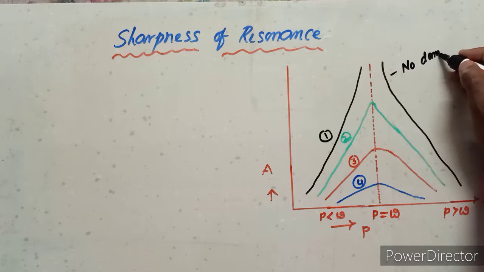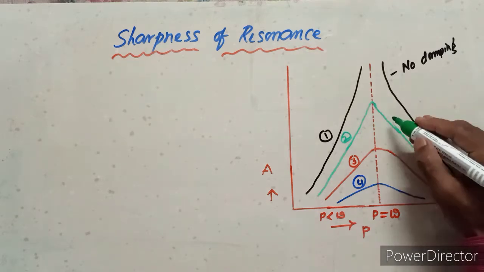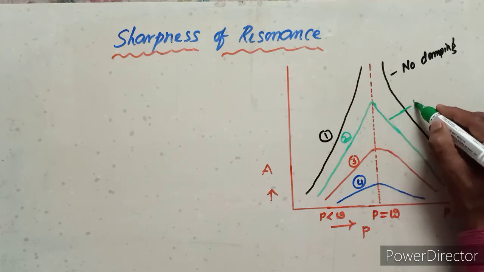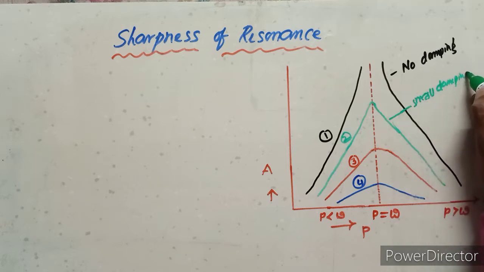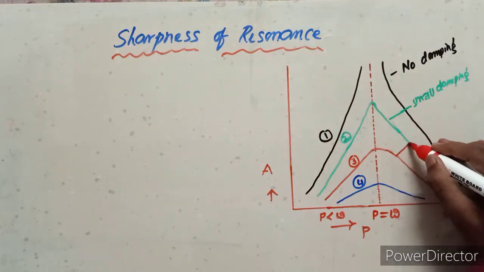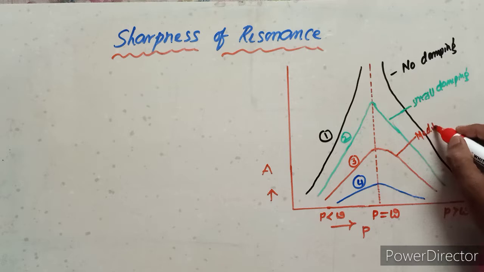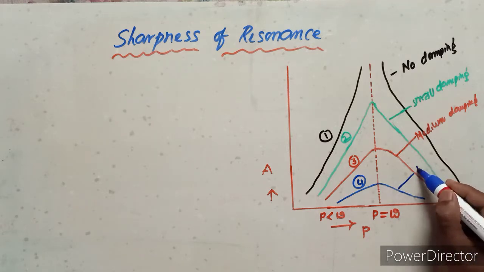The second is small damping. The third curve is medium damping. The fourth one is heavy damping.